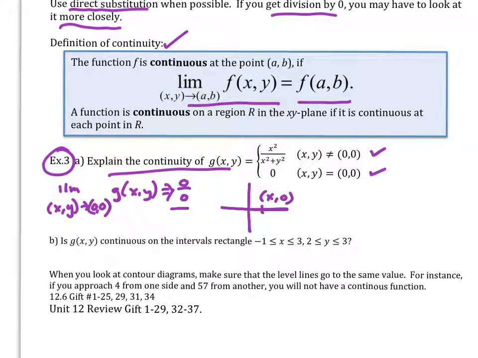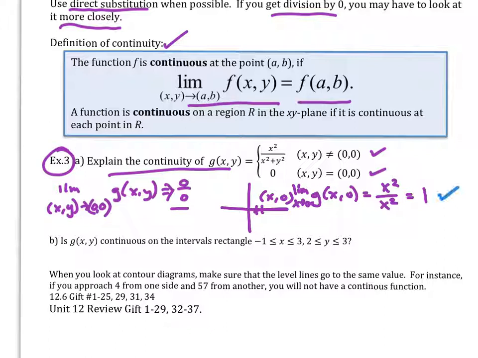So let's look at what happens when we head in on the x-axis. Let's call this point (x, 0). As x goes to 0, let's see what happens with our function. g of (x, 0) is going to be equal to x squared over x squared. What does that equal? Well, that'll equal 1. Remember, it's a limiting process, so that's what we're dealing with here.